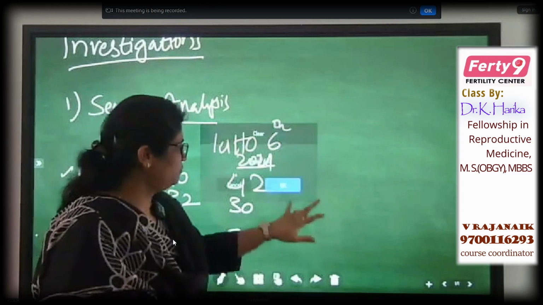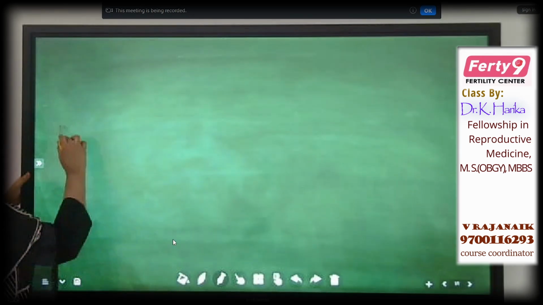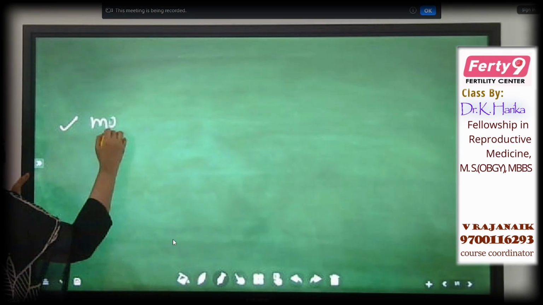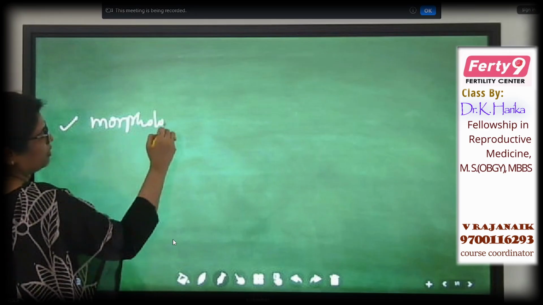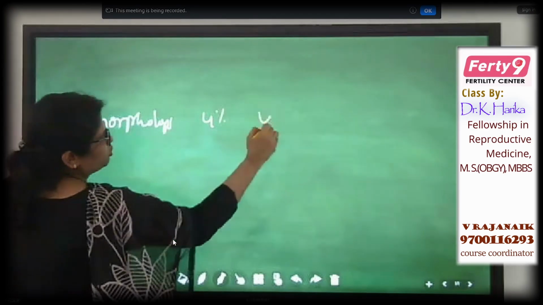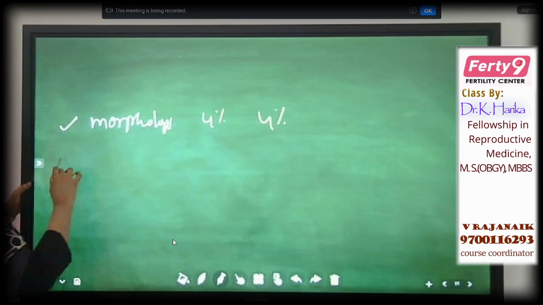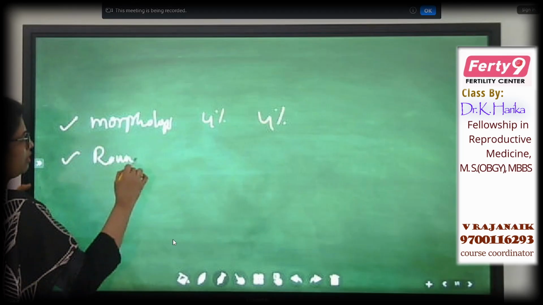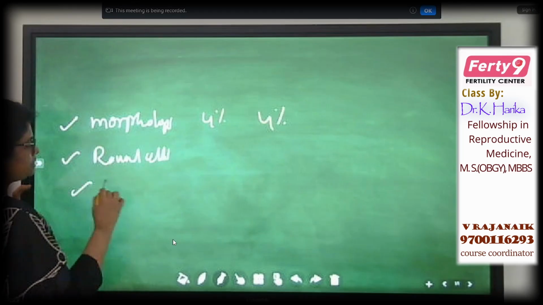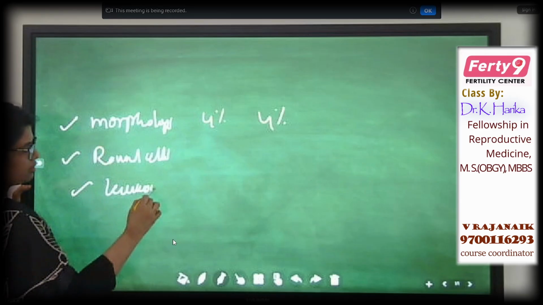Next thing is morphology. It is 4% in both editions. Next are round cells and leukocytes.